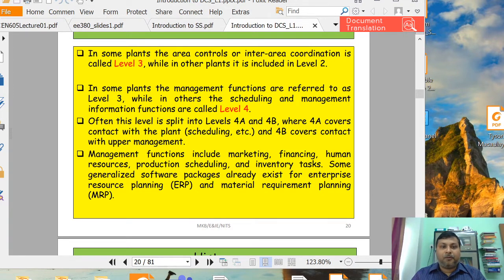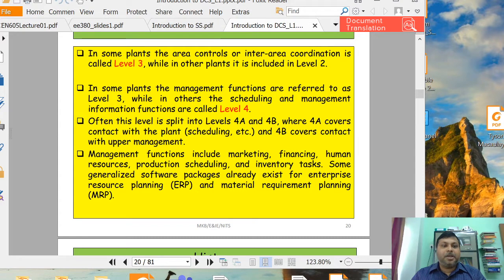Okay, and what managerial functions are to be executed in level 4? The management functions include marketing, financing, human resource, production scheduling, and inventory tasks. Some generalized software packages already exist for enterprise resource planning, that is ERP, and material requirement planning, that is MRP.